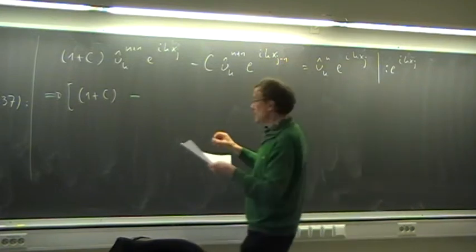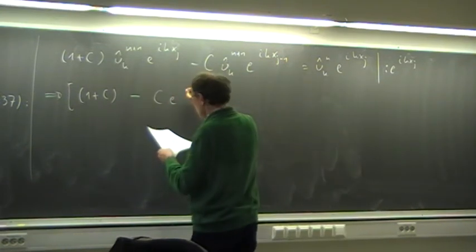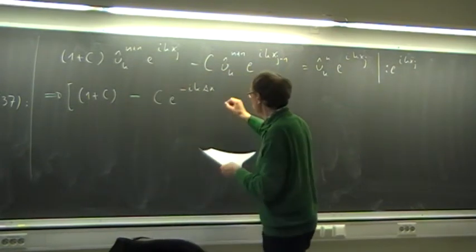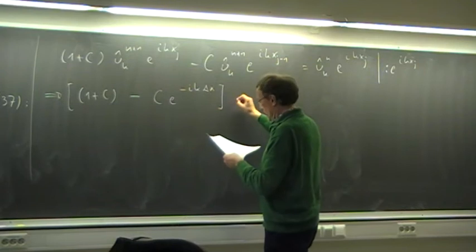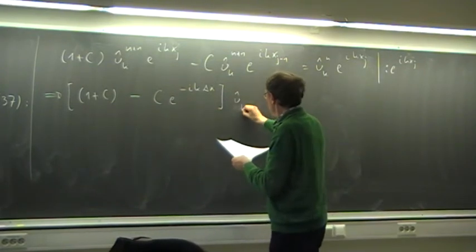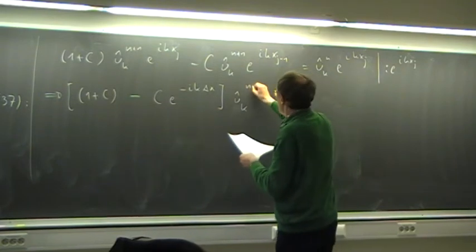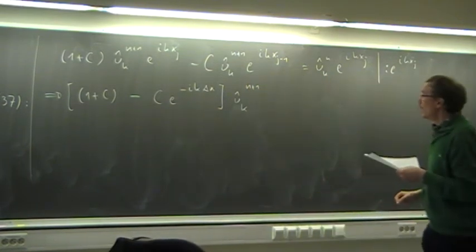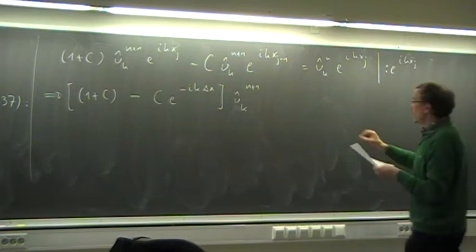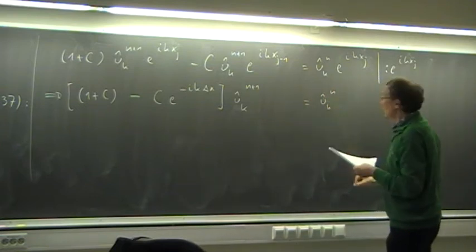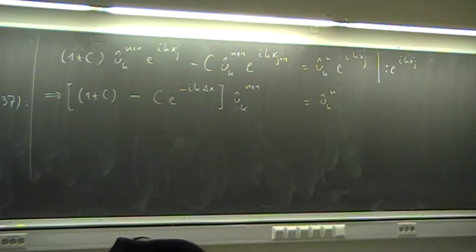So that gets then into the e to the minus I k delta x. And that is then multiplying the Fourier mode, the amplitude at the new time level. And on the right hand side we simply get then the amplitude for the Fourier mode with wave number k at the old time level.